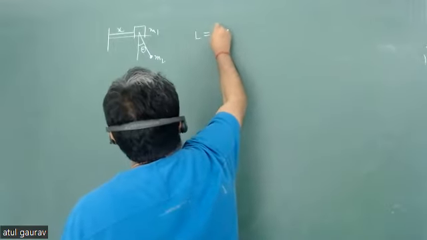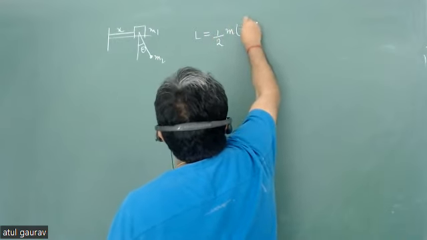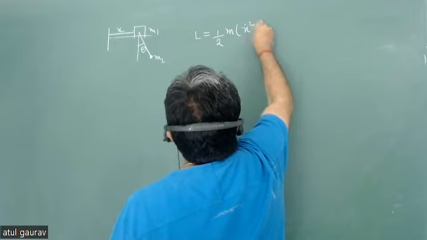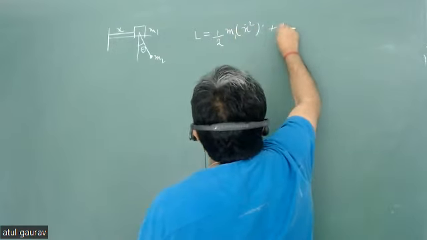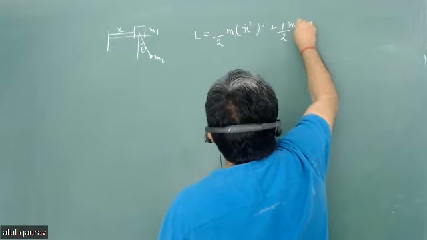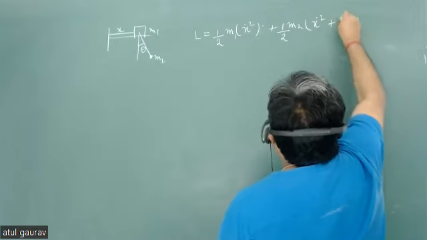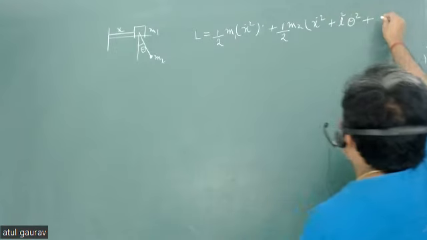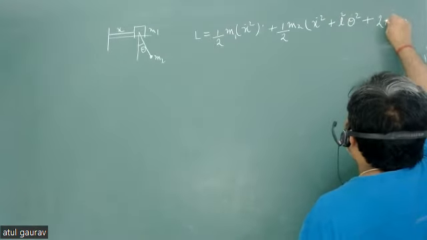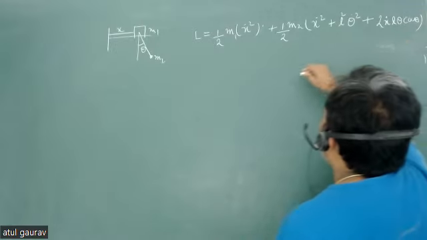What is my Lagrangian? Does anyone remember? Half m1 x dot square plus half m2 times x dot square plus l square theta dot square plus 2 times x dot l theta dot cos theta.